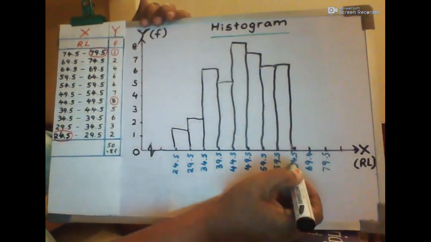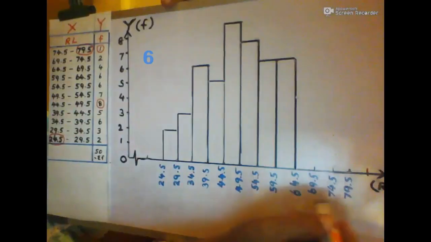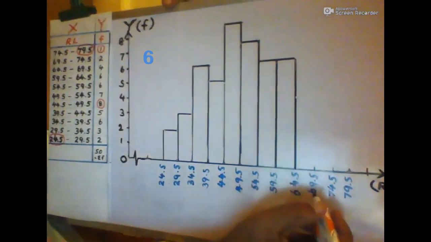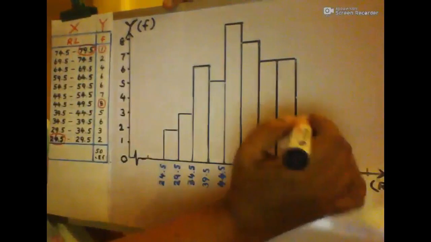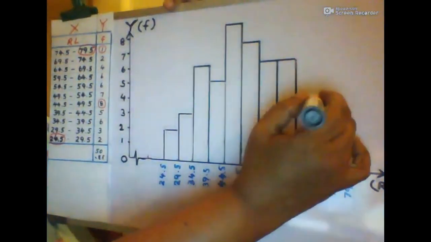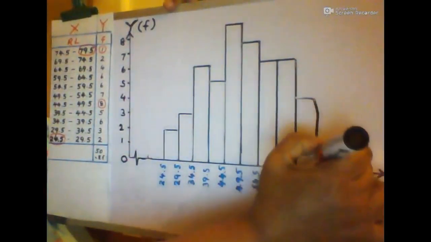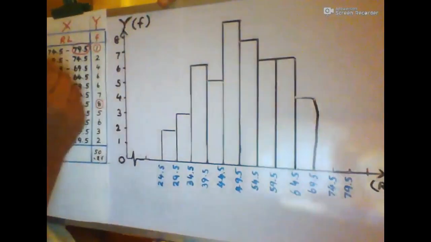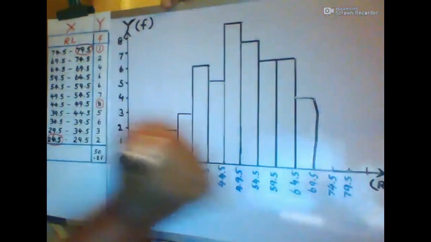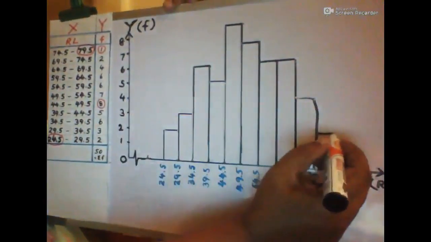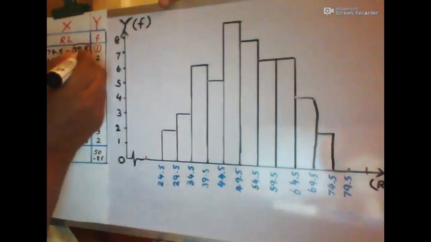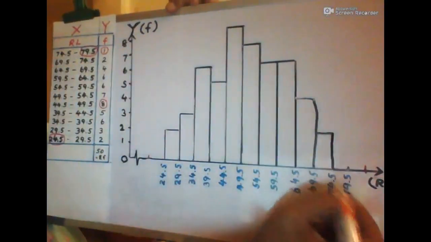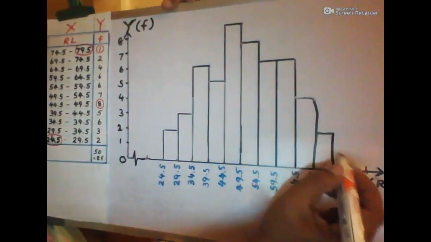Next one is 64.5 to 69.5. It's 4. Then 69.5 to 74.5, 2. Last one, 74.5 to 79.5, it's 1.